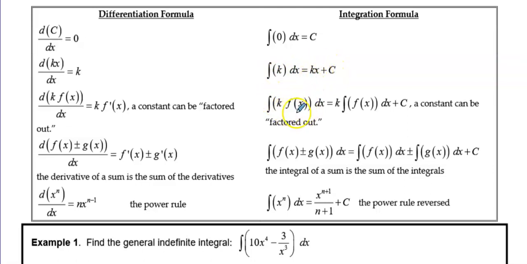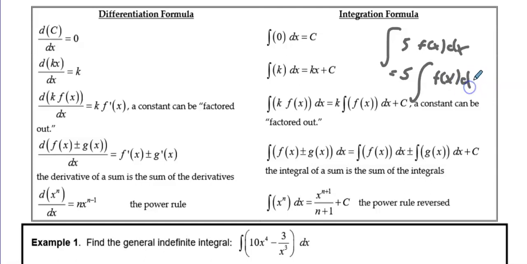And then if you are going to integrate a constant with a function, this is very similar to taking the derivative of a function. If you're going to integrate 5 times f of x dx, and this is really important to understand, you can always take a constant out of the integral, always and forever. Then the last thing down here is what we just did.